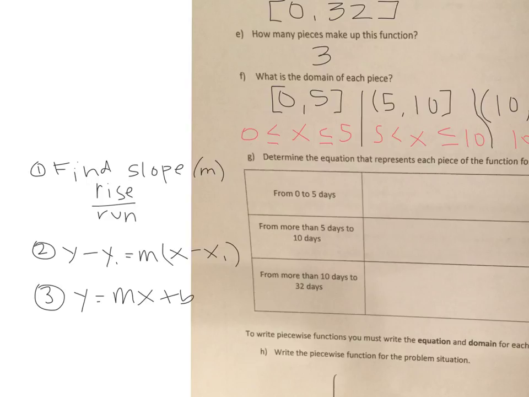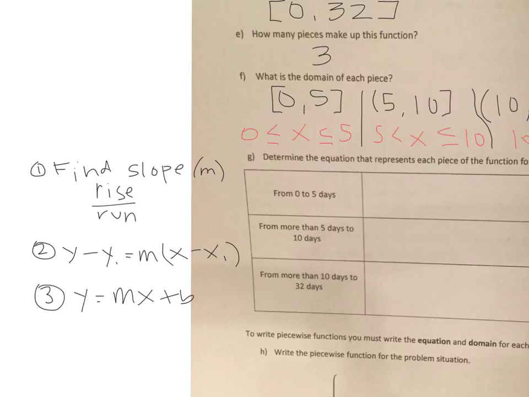So from 0 to 5 days, our slope is the rise over the run. Okay, to find the rise over the run, you're going to tell how your y values are changing over how your x values are changing. So if I look back at the table on the previous page, from 0 to 5 days, my y values are going down 3 every time.